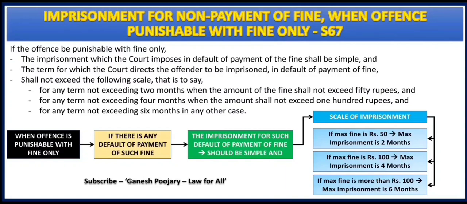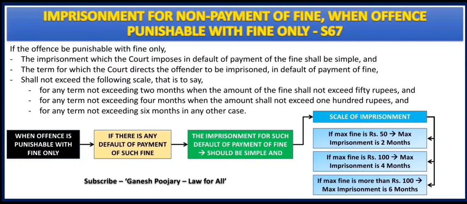Now moving on to the 4th box, which is about the scale of imprisonment. To what extent can imprisonment be given? If the fine is 50 rupees or below, and if there is default of making payment of such fine, the maximum imprisonment can be 2 months, not more than that.